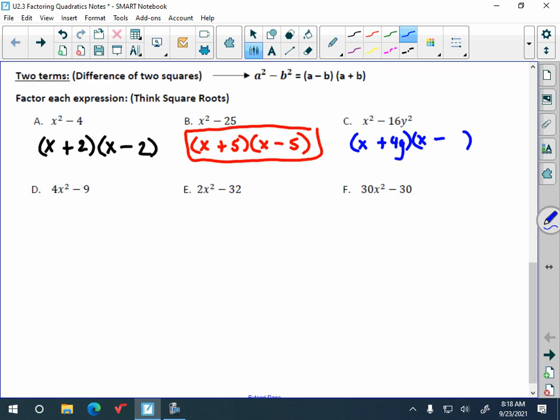So 4y, 4y. And so then that's factored. Again, if you want to check real quick, just multiply the first terms together, that's x squared. Multiply the last terms together, that's negative 16.